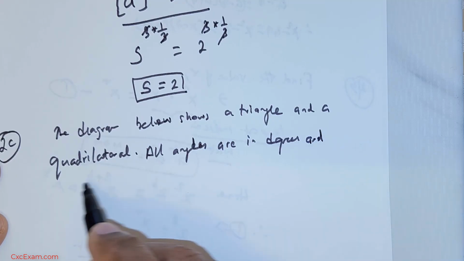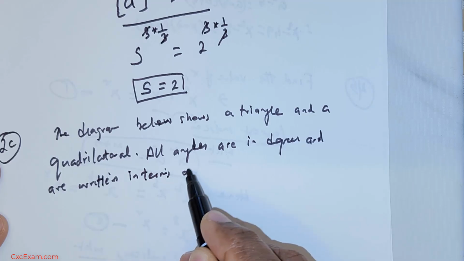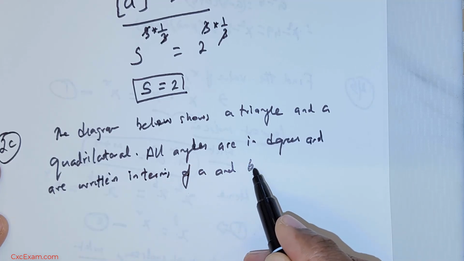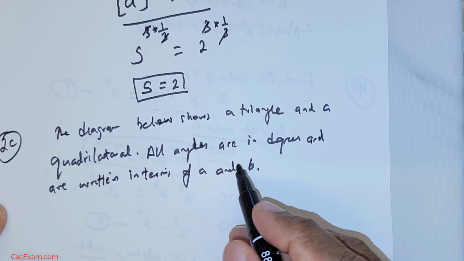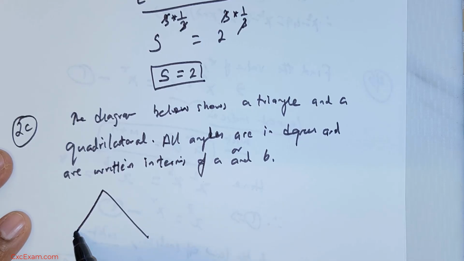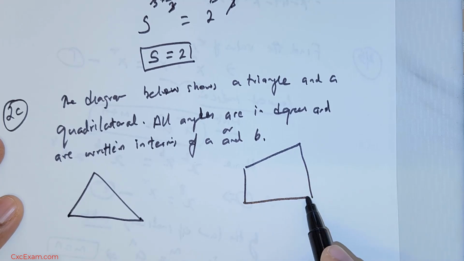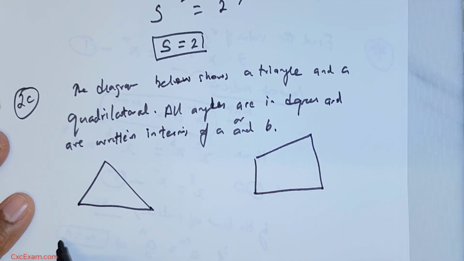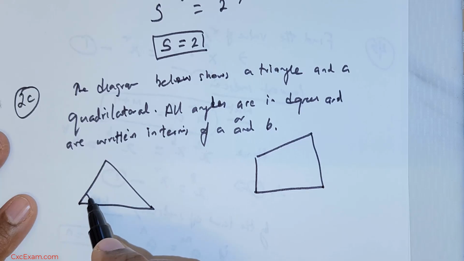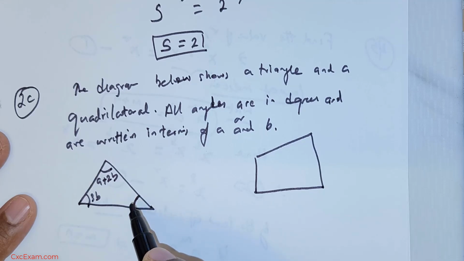And are written in terms of A and B, so this is what is given. So you have a triangle and a quadrilateral. Okay, now we have this 3b and this one is a positive 2b and this one is a positive 9.